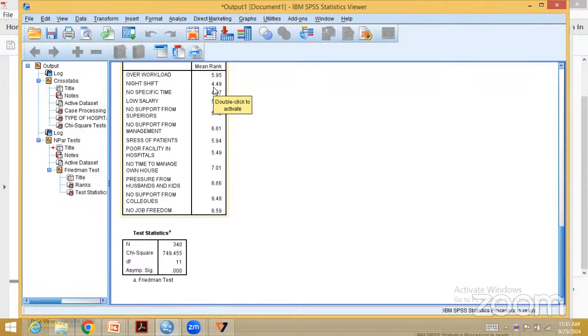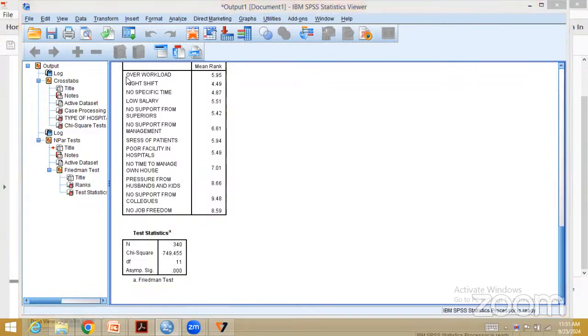So from among the variables in the matrix, we select the variable having the lowest mean rank, and it should be the most dominant variable, provided the p-value is less than 0.05 and the chi-square value is significant, so that we can reject the null hypothesis. So this is the way in which we can apply the Friedman test for testing of the hypothesis.